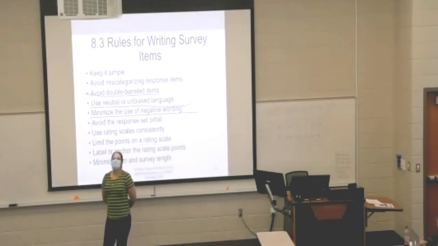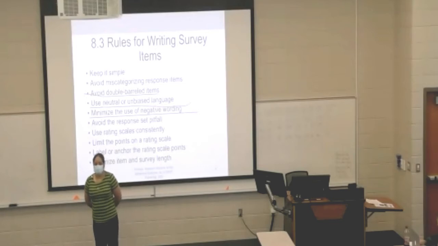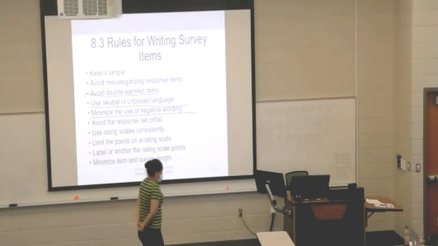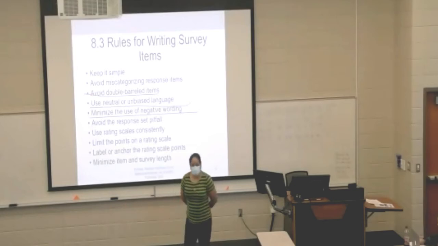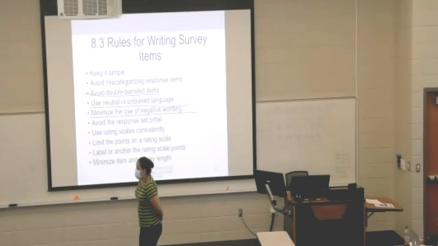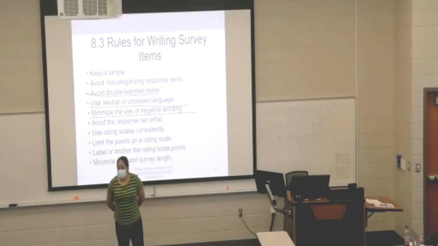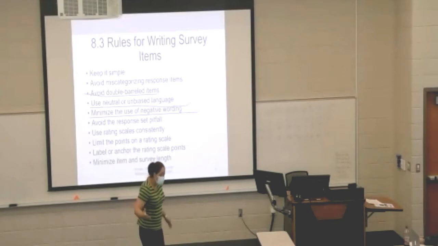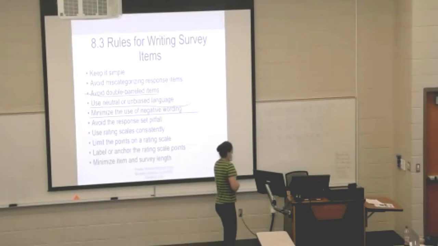Well, maybe you didn't hate them, maybe you dislike them, and that's still negative. So a better question would be, what's your opinion about so-and-so party? That would be a better item because it's not leading me towards that negative concession.